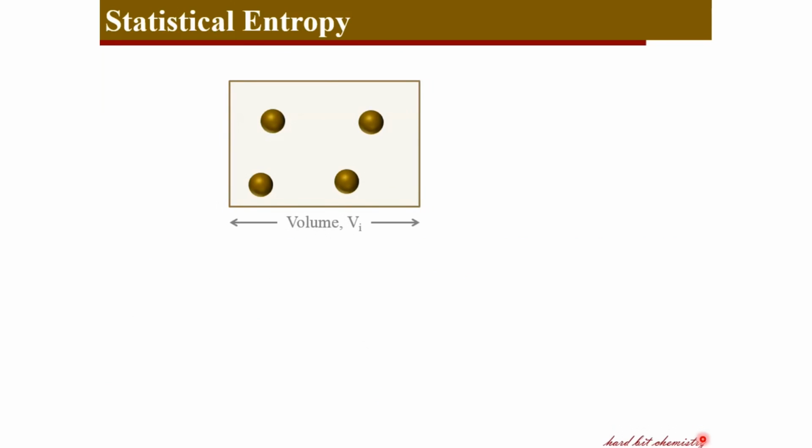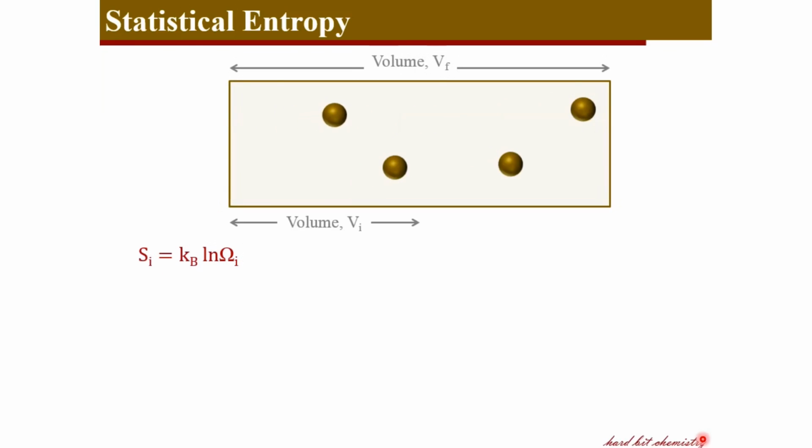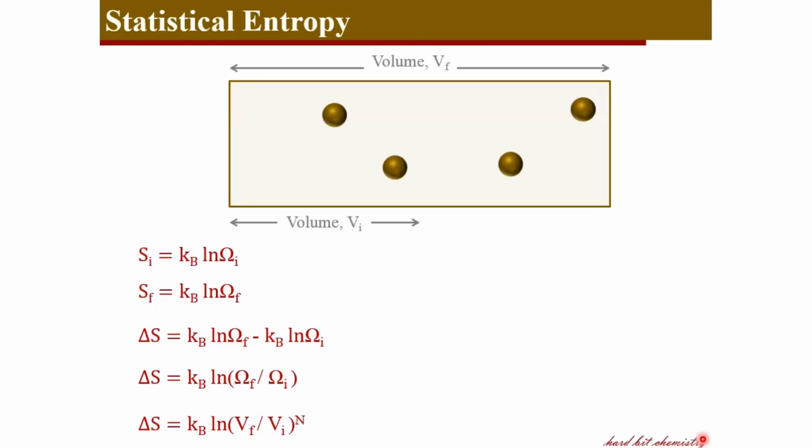Now, we have the system of volume V1 occupying n number of molecules inside. Then the initial entropy can be given in terms of the initial probability, and when the gas is expanding to a larger volume Vf, the final entropy can be given in terms of the final probability. So the change in entropy accompanying this process of expansion can be given in terms of probability like this, and in terms of volume and number of moles you get this relation.